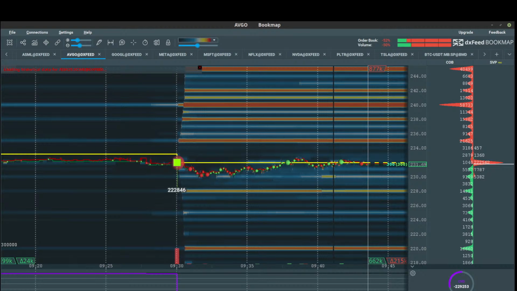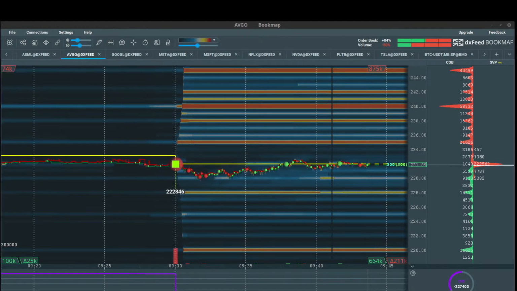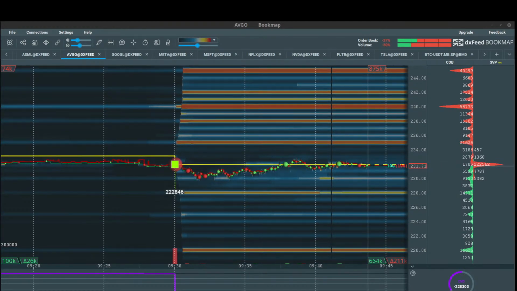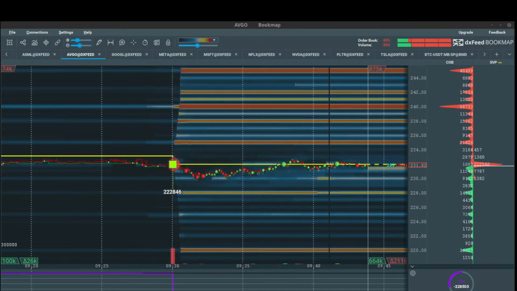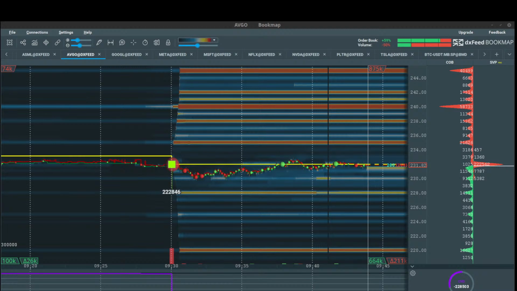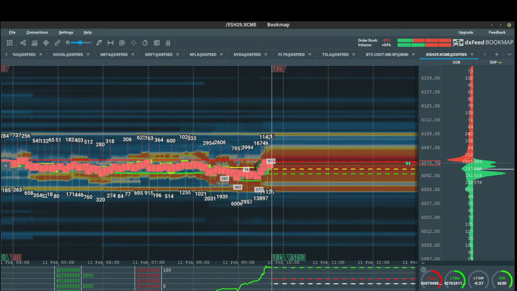And keep the requests coming, folks, if there's anything you'd like to look at. All right, let's go over to that S&P futures chart here. And I'm just going to clean this up, so give me a moment.